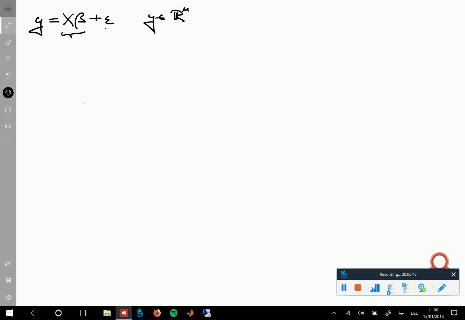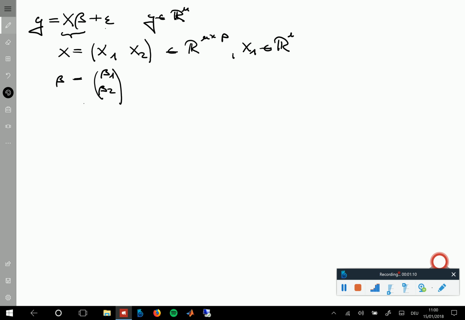One is the full model itself, which we also wrote as x1, x2, and beta as beta 1, beta 2, where this whole thing is n times p, and x1 is n times p1, and x2 is n times p2, and accordingly here.